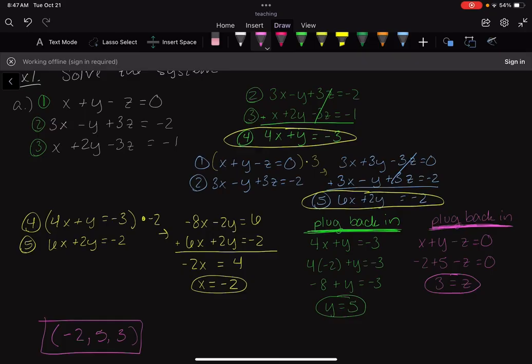This results in two new equations that only had x and y in them. Then I took those, canceled out another variable, which in this case was my y, in order to have one equation with one variable. So a lot of this is just slowly canceling out variables. And then once you get one of your variables, you can plug those back in to get your other ones.